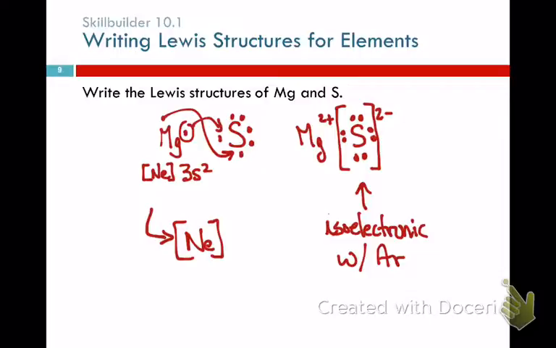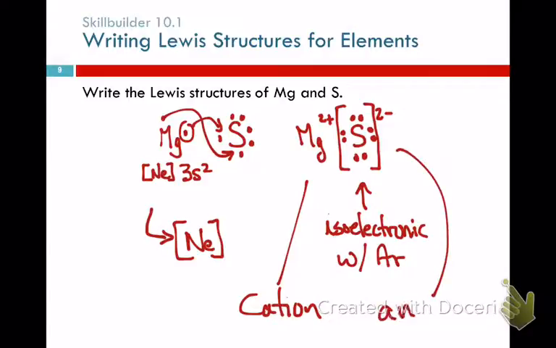The ionic bond part of this, okay, is the fact that when the electrons essentially are stolen by the sulfur from the magnesium, it forms charged ions. So I have a cation. How do I do this? Cation. And I have an anion.